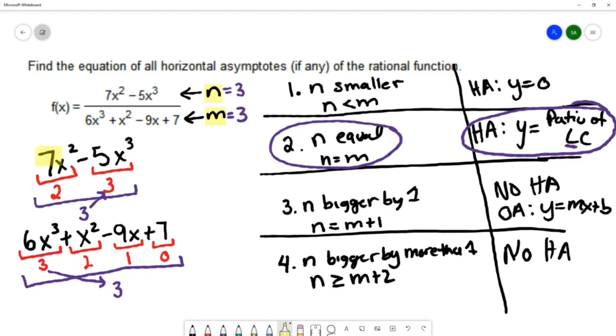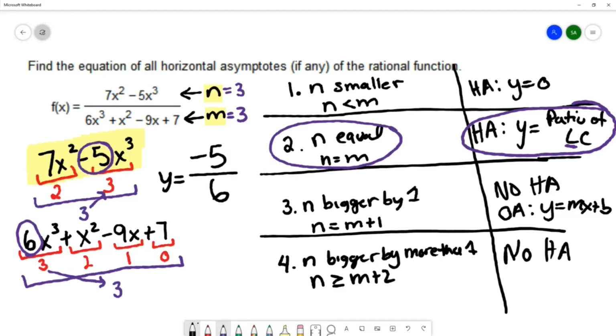This numerator has not been written in descending order, so you might, by mistake, identify 7 as the leading term, and that would be wrong. Your leading term is always paired with the highest degree. So your leading coefficient from the numerator would be -5, and your leading coefficient from the denominator would be 6. And the line y equals -5/6 is the horizontal asymptote for this expression.